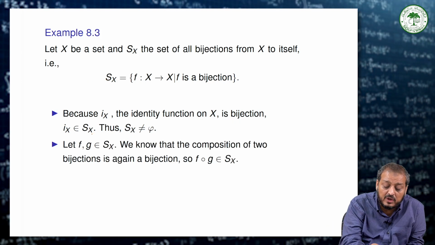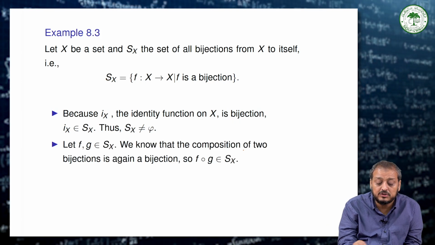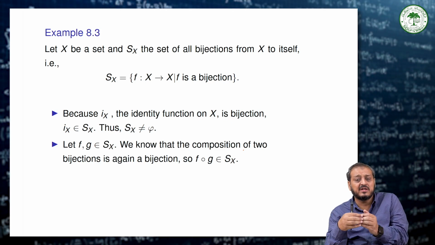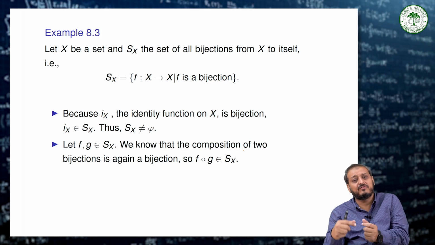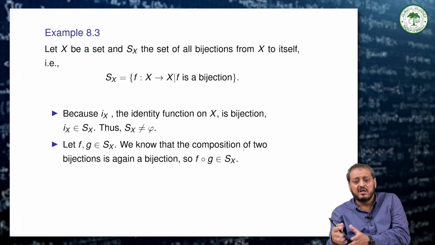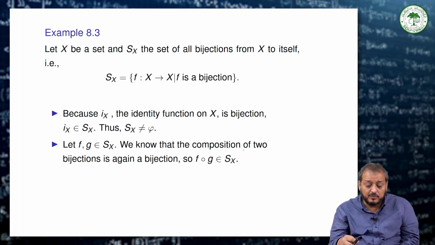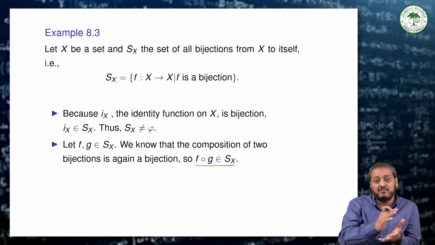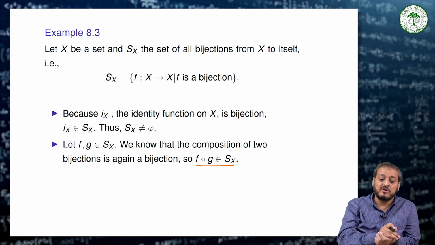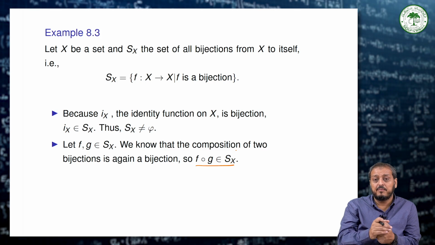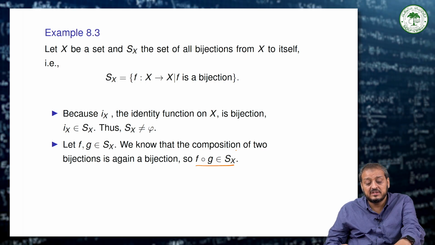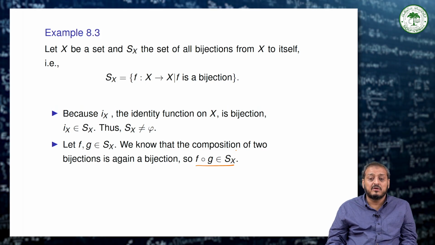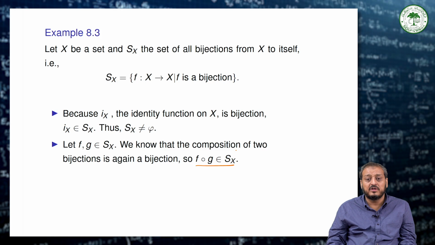Let f and g be two elements of this set. We know that the composition of two bijective functions is again bijective, we can easily prove that. So f composition g also belongs to S. This means the set is closed under composition.